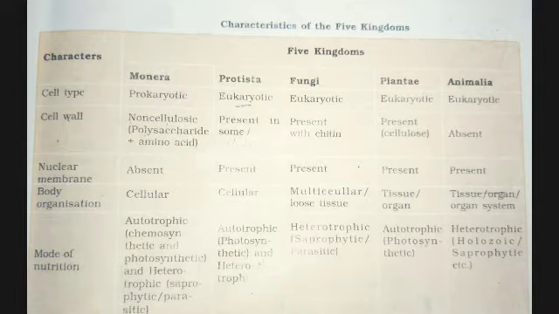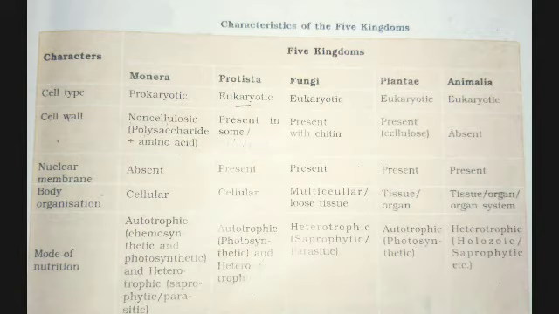Second character is cell wall. So Monera kingdom has a non-cellulosic cell wall. Non-cellulosic means in actual its cell wall is made of polysaccharide and amino acids, right? So basically it means these organisms do not have glucose or cellulose walls, right?